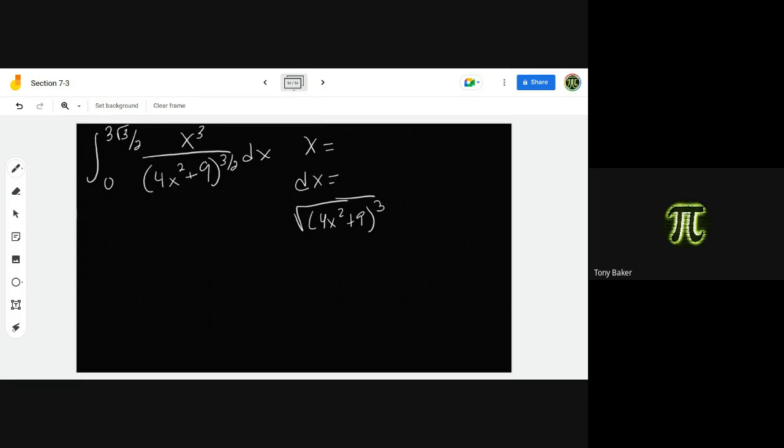Which trig function is my x going to be? It's going to be tangent, right? So it's tangent of theta. Now, the question is what is a going to be? Somehow I need to change that 4 into a 9, because I really want 9 tangent squared theta plus 9, correct?